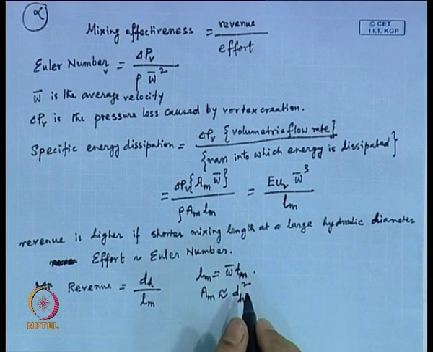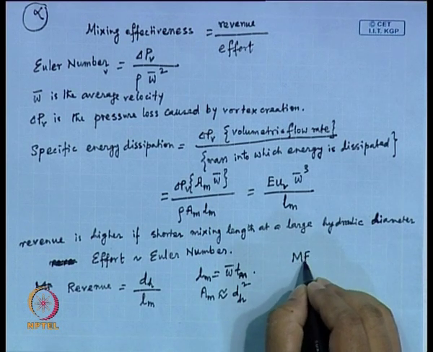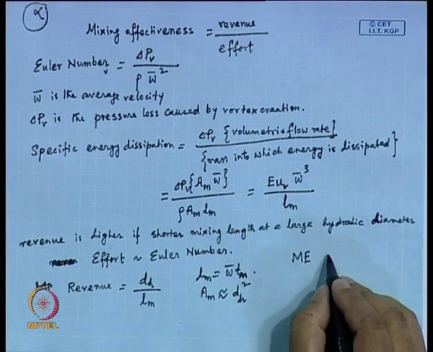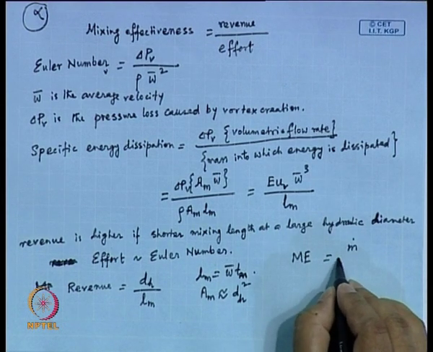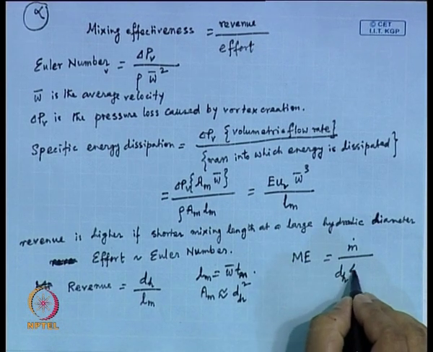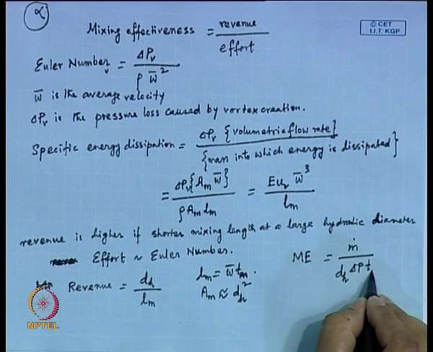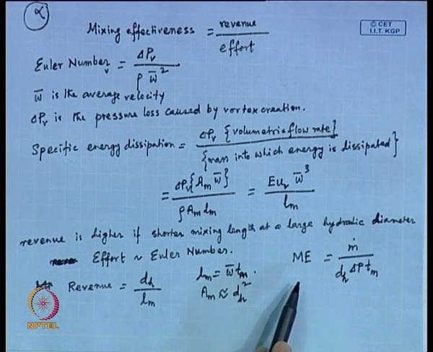T m is the mixing time and W bar is the average velocity. So, in that case mixing effectiveness, this M e, is defined as m dot, the mass flow rate, divided by hydraulic diameter, delta P into T m. Okay. So, this is what you define as mixing effectiveness.